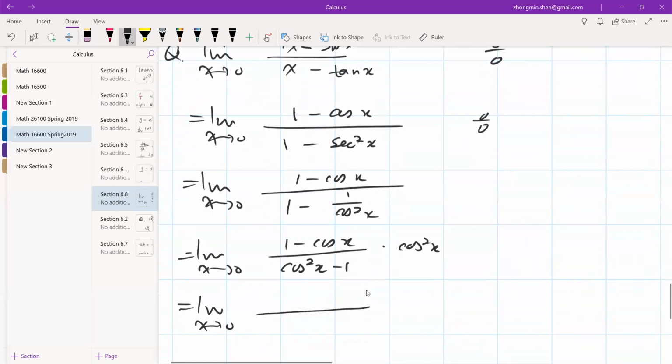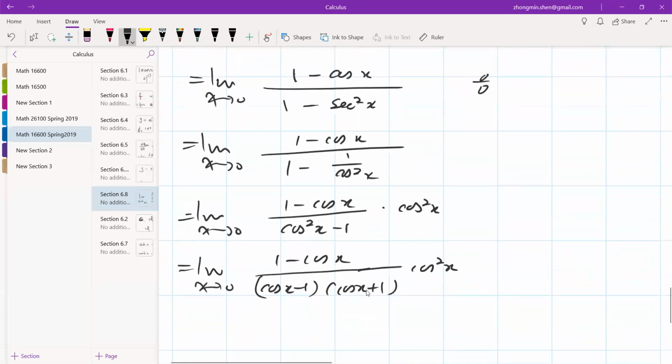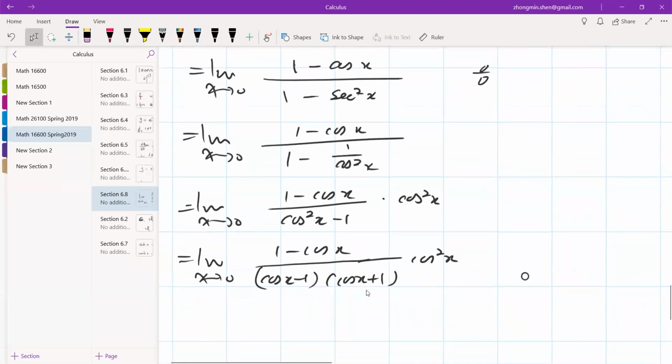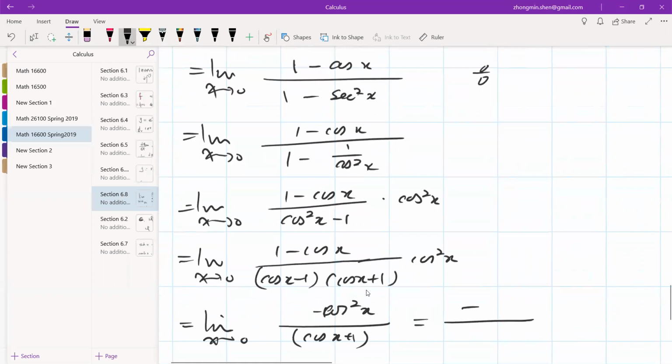So you can write cosine x minus 1 times cosine x plus 1, over 1 minus cosine x, and cosine squared x. And clearly you can cancel the trouble term 1 minus cosine x. So you will get a negative sign, negative cosine x plus 1, and then you have a cosine squared there. Now you just plug in 0 for x. It's negative 1 times 1 plus 1, which is negative 1/2.